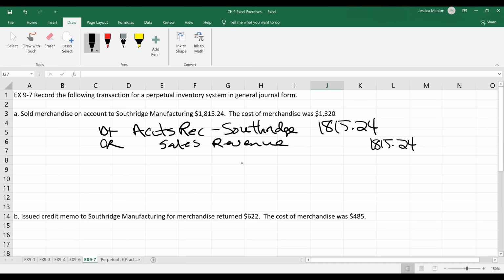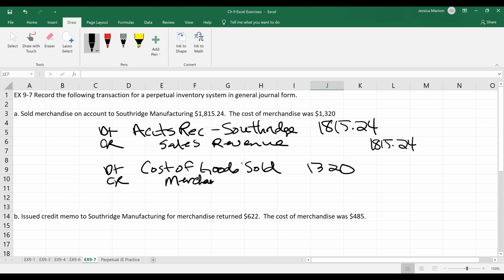And then the second one is to record the cost of goods sold. So that'd be a debit to cost of goods sold 1320, a credit to merchandise inventory, $1,320 is what that one would look like.